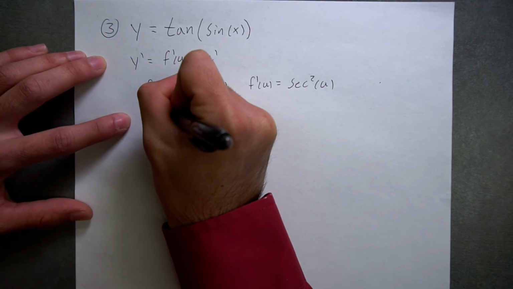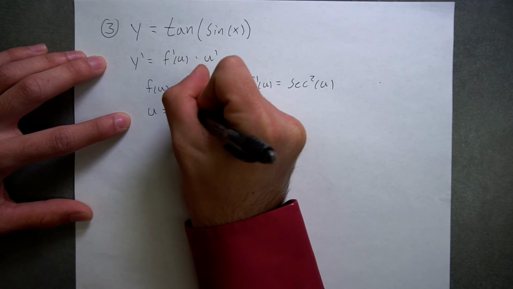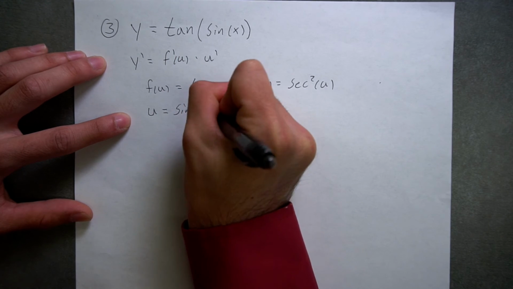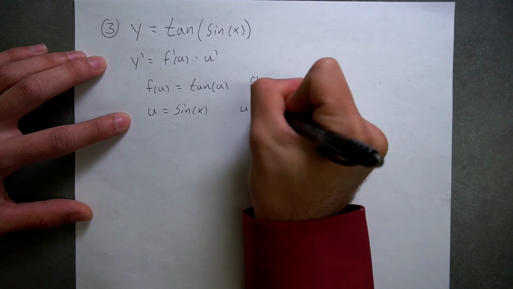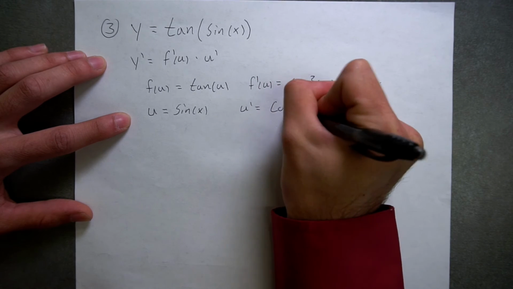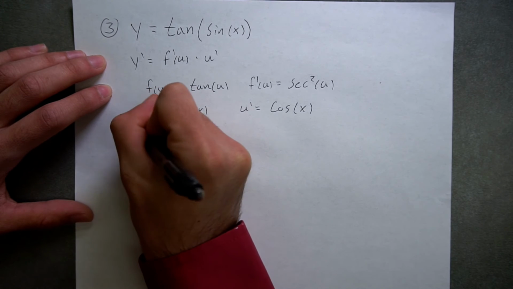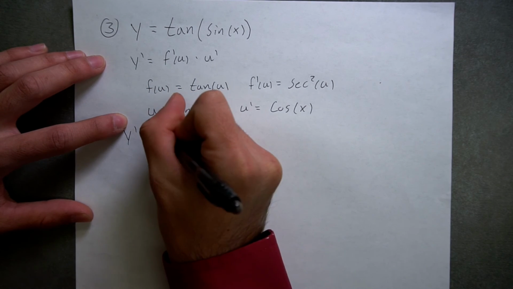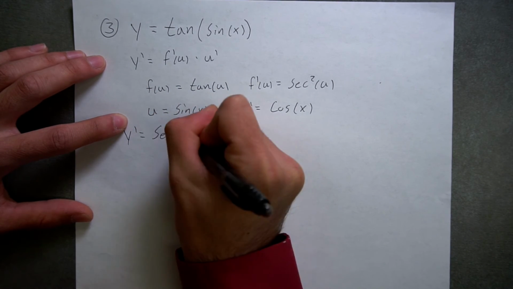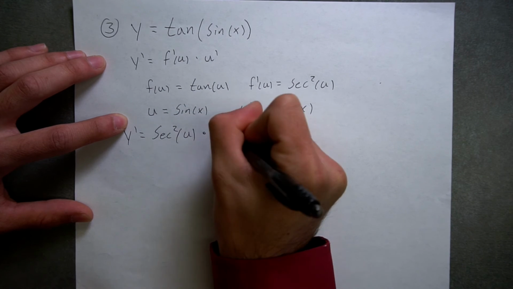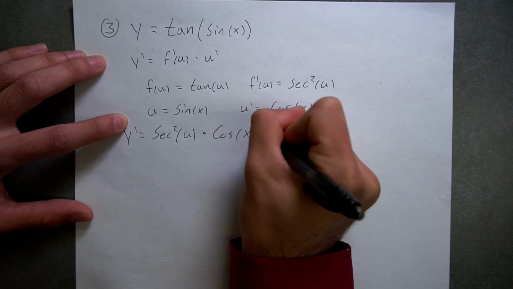And our u is the inside function, sine of x. So u prime is equal to the cosine of x. And y prime is then simply secant squared of u multiplied by the cosine of x.